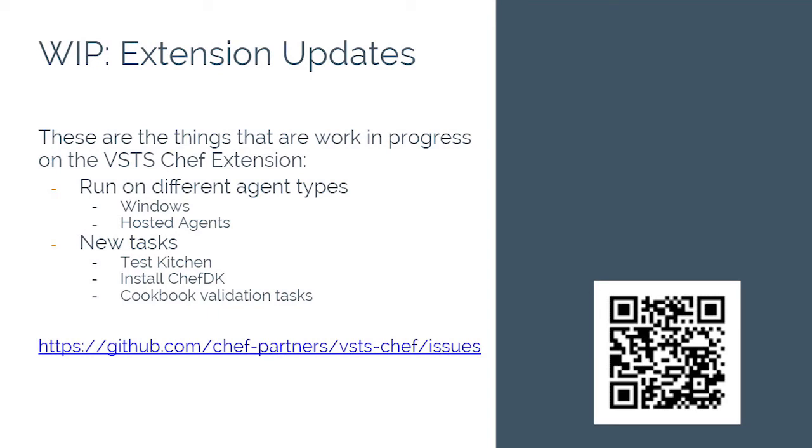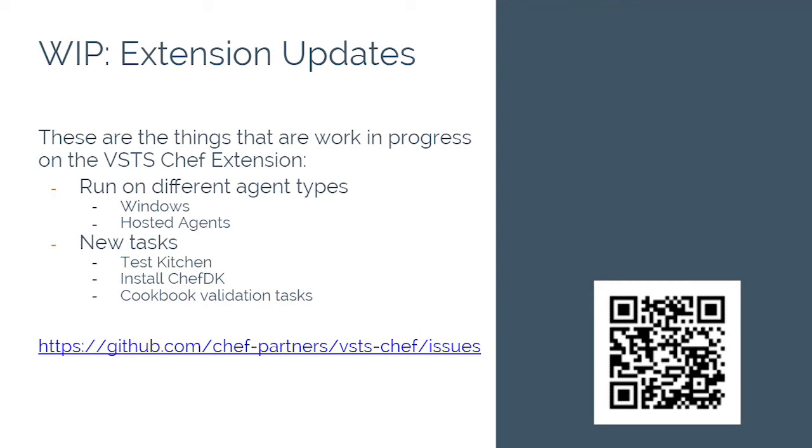And the new tasks we want to have are Test Kitchen, so you can run your cookbooks with a Test Kitchen system. That'll initially be just in Azure, because the virtual machines themselves can't run things like VirtualBox. We want to have a separate task that allows you to install Chef DK, so you don't have to pre-load the agent with Chef DK on it.